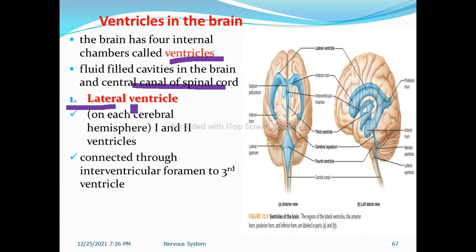The first one is the lateral ventricle. In each cerebral hemisphere there is one ventricle. So lateral ventricle 1 and lateral ventricle 2 are found in the cerebral hemispheres, connected to the third ventricle by the interventricular foramen.